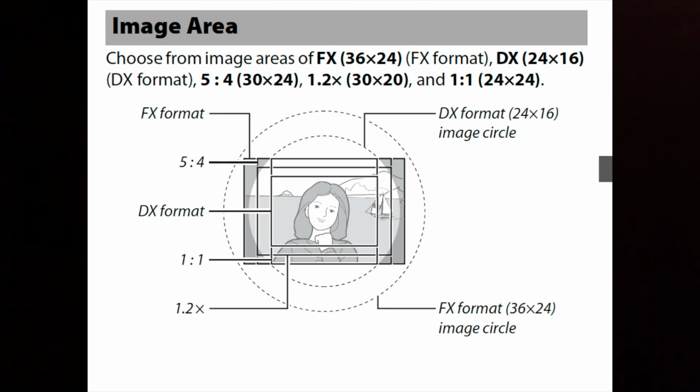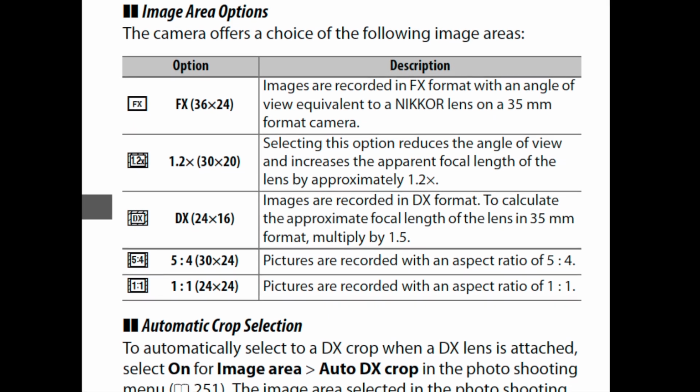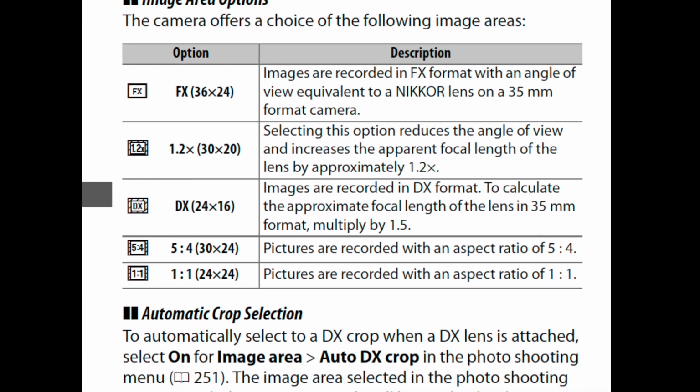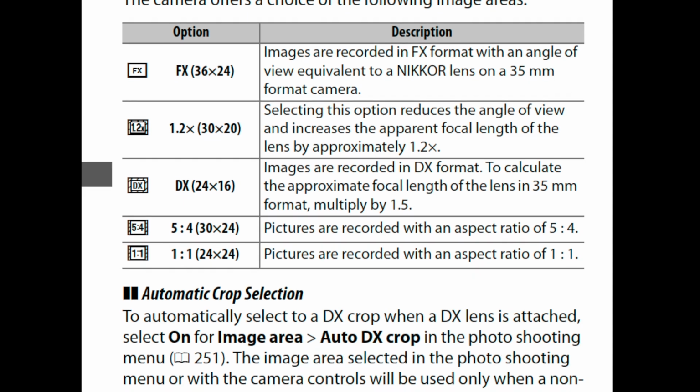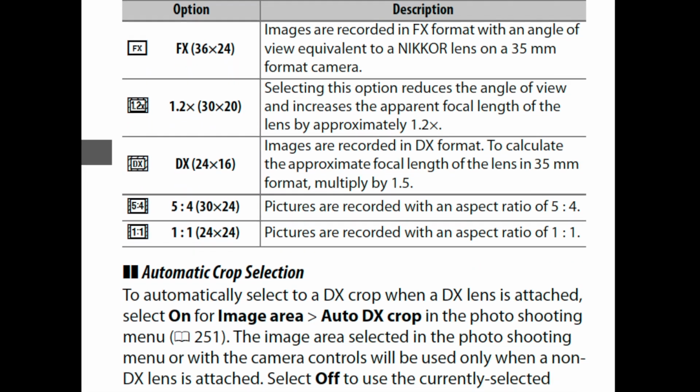In these examples, anything that is grayed out is not going to be in the image, so that will help guide you as to what you're shooting. And here's another guide that I took right out of the D850 manual that will show you the different crop values.